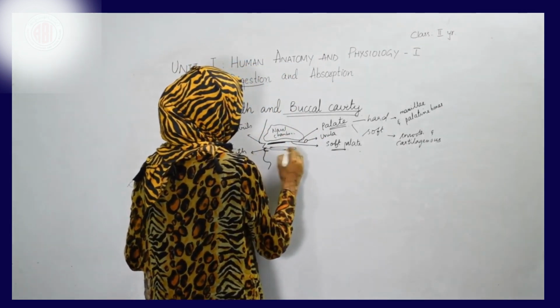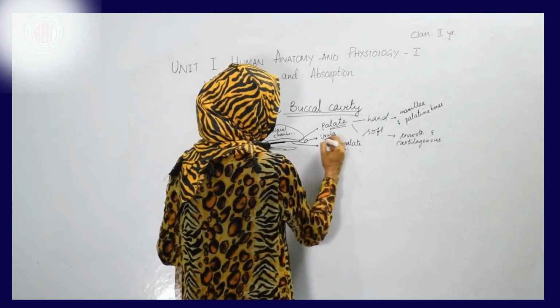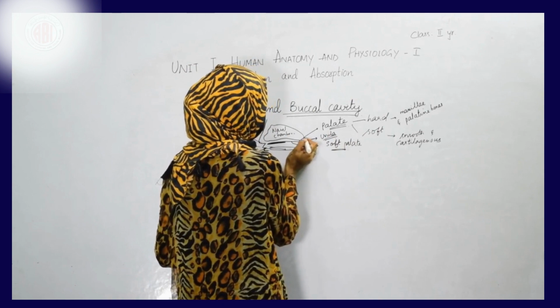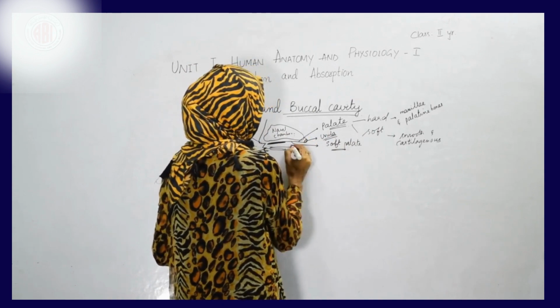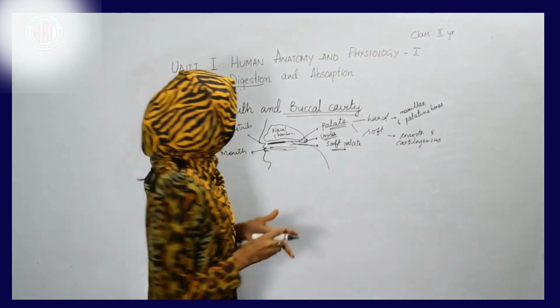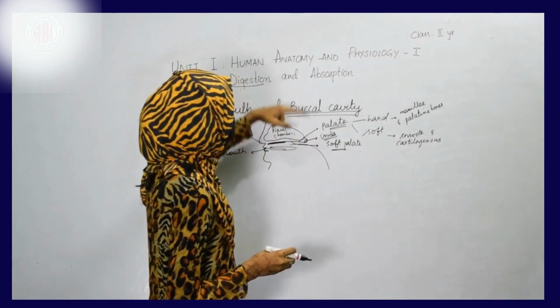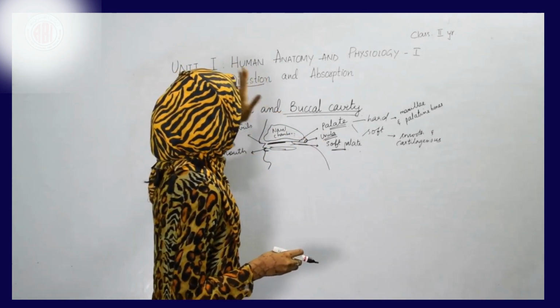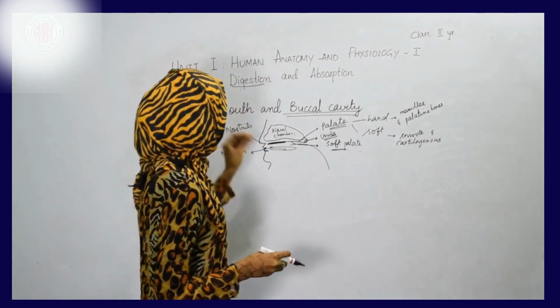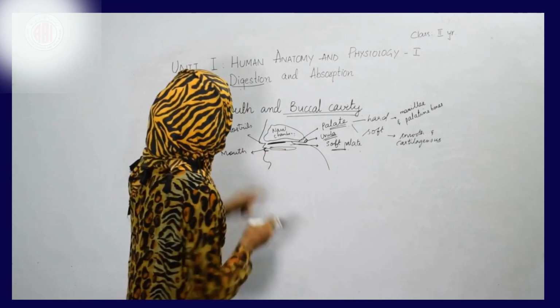When we have the food, this uvula, the extension of soft palate, rolls up and closes the nasal chamber, and we can easily swallow the food. So while swallowing, the uvula moves in the upward direction and closes the nasal chamber, helping in the swallowing of food. This is our tongue.